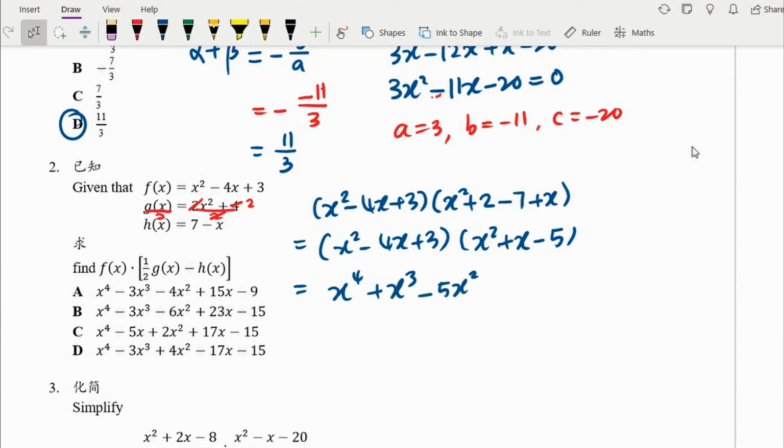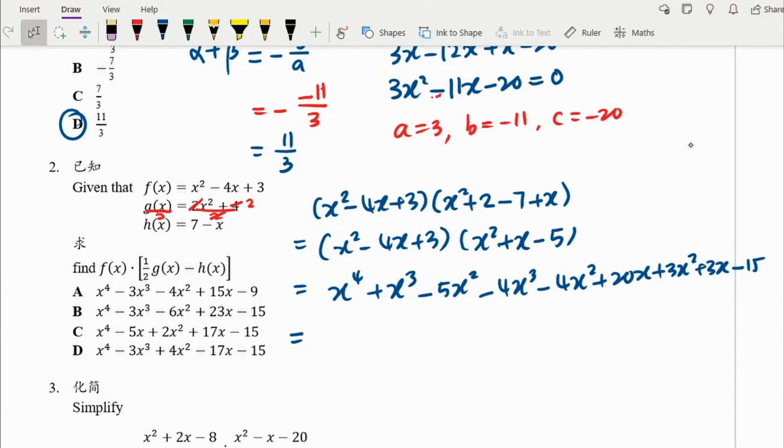Negative 4x times x squared is negative 4x cubed. Negative 4x times x is negative 4x squared. Negative 4x times negative 5, 负得正, you get a positive 20x. Okay, then you have plus 3x squared plus 3x, then minus 15.